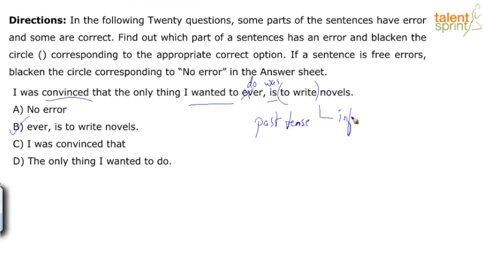Is infinitive. You don't have to change anything because it answers the question. It states the intention or the purpose. So you don't have to make any changes to write. That's the infinitive. So I was convinced that the only thing I wanted to do was to write novels. Okay. Error is in part B. You change is to was.